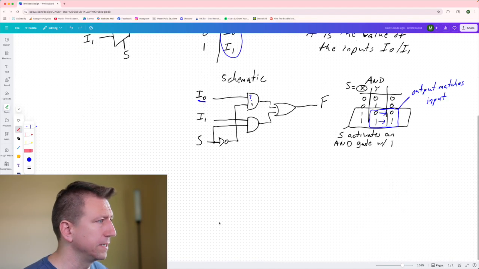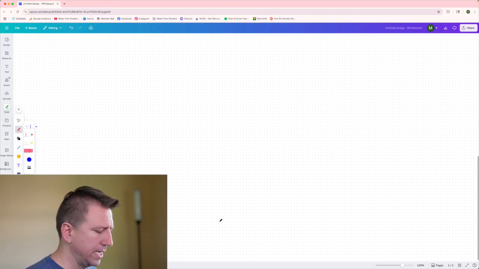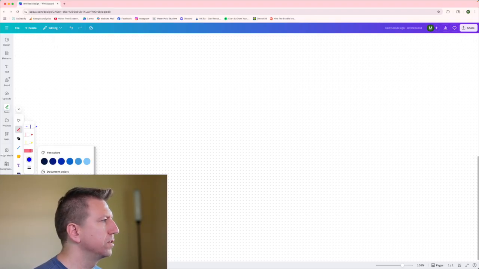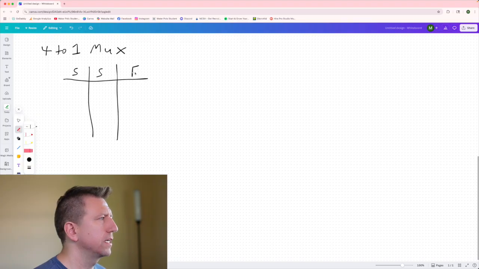So let's go down and look at a bigger circuit here. We're going to look at the 4-to-1 MUX. So how would we do a 4-to-1 MUX? Well, let's look at the truth table for a 4-to-1 MUX. We need 2 selectors now because we have 4 inputs, and so 2 to the n is 4, which means that n is 2.